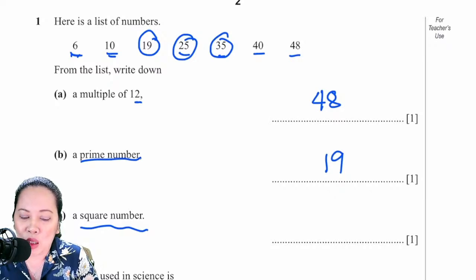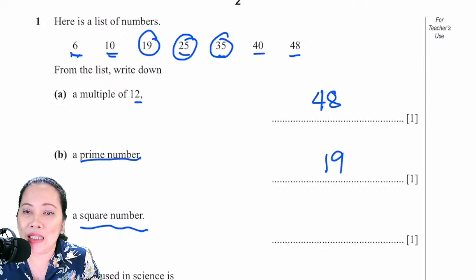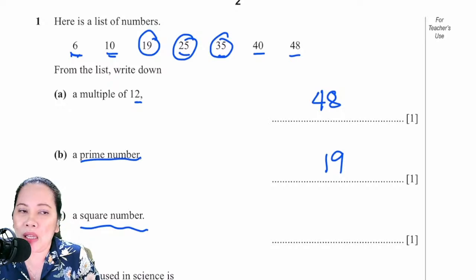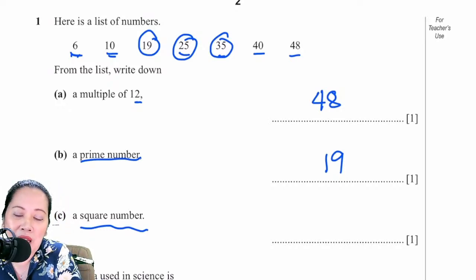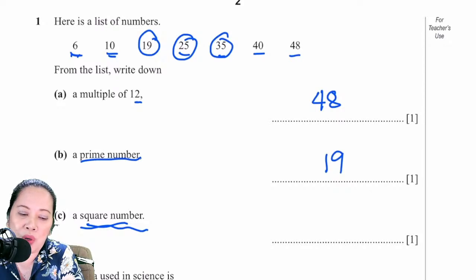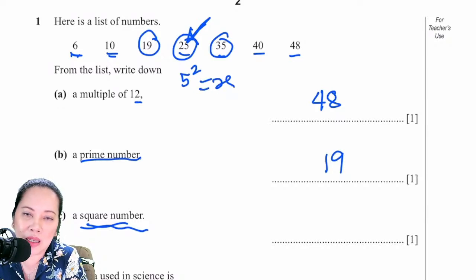Amongst these numbers, what do you think would be a square number? A square number here would be, of course, your 25. 25 is 5 squared, or 5 times 5. That's 25.